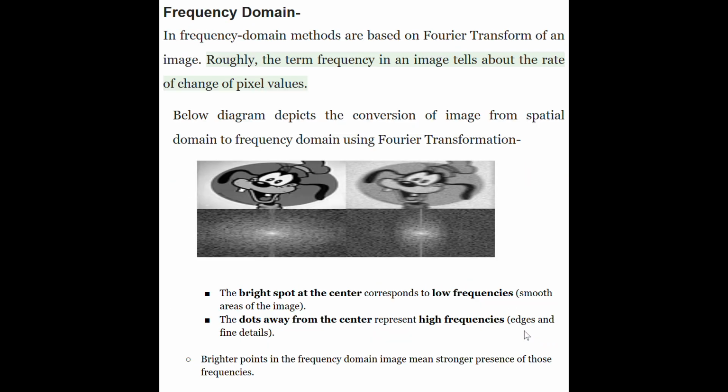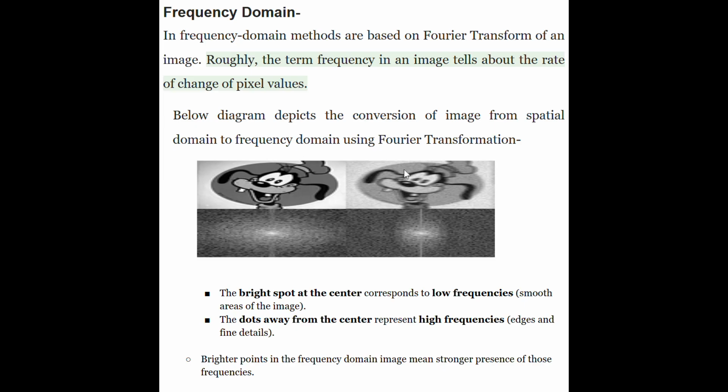Let us see what frequency domain image enhancement is. Frequency domain methods are based on the Fourier transform of the image. Roughly, the term frequency in an image tells about the rate at which the pixel values are changing. Let us consider this input image, the first row where the cartoon picture is.